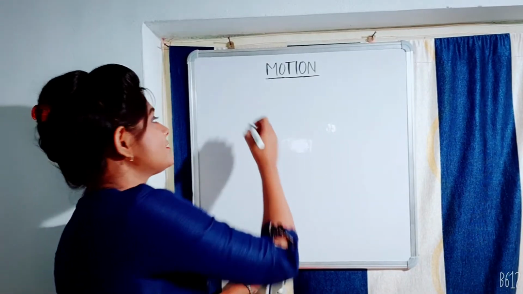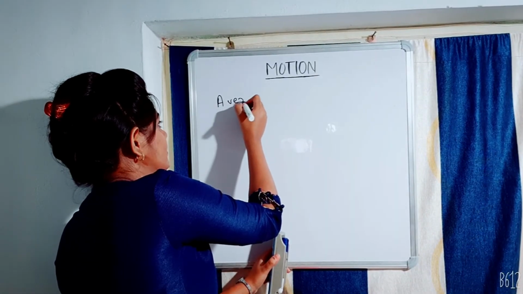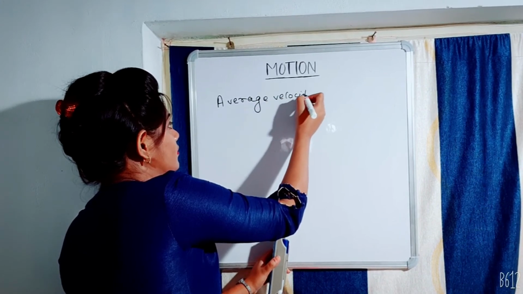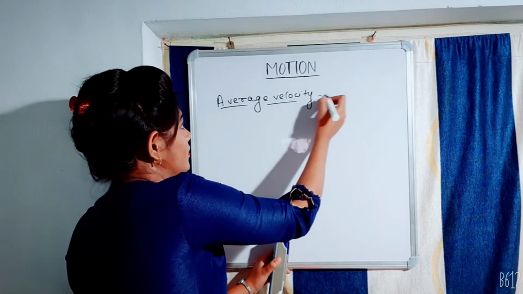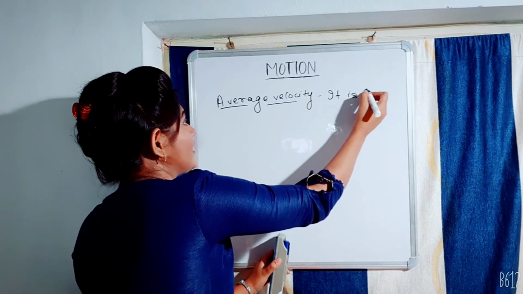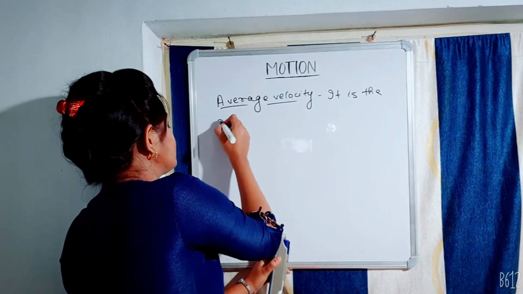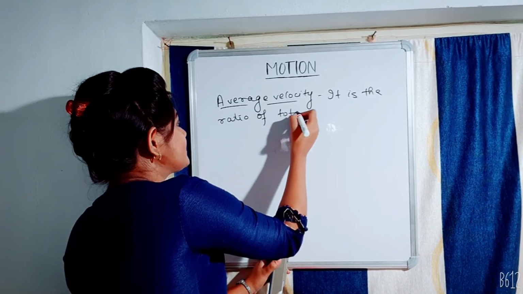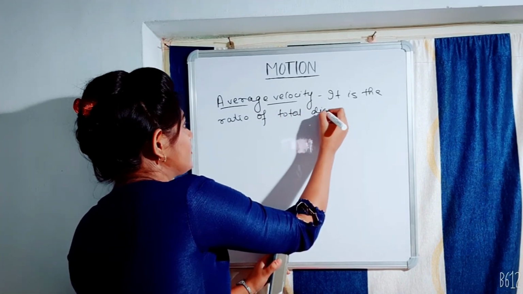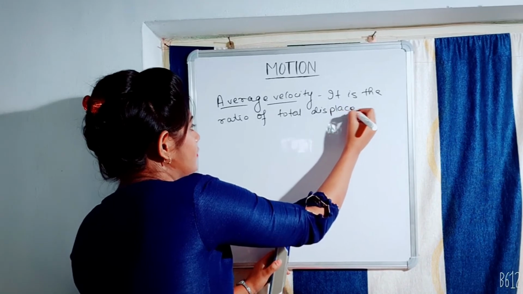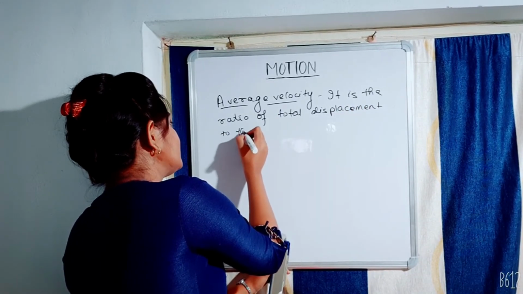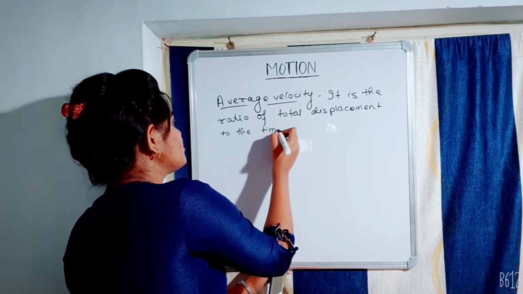So average velocity is the ratio of total displacement to the time taken to do so.